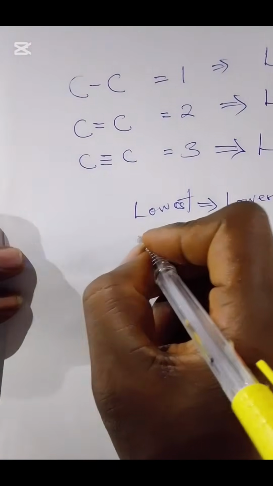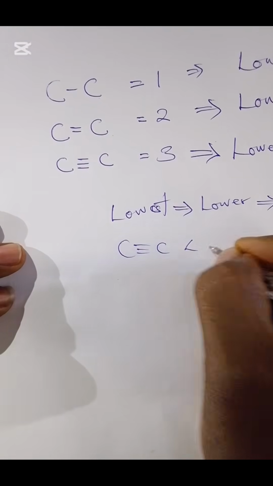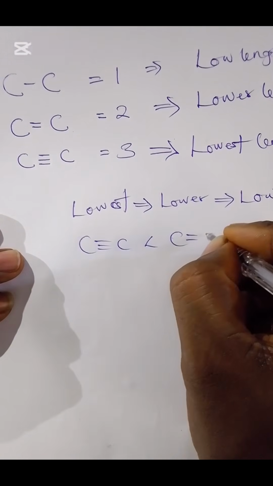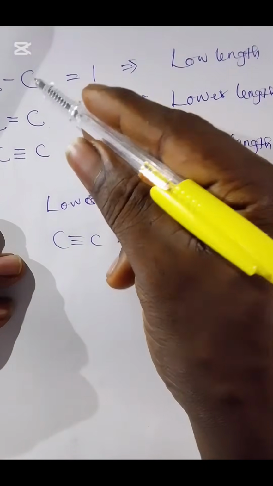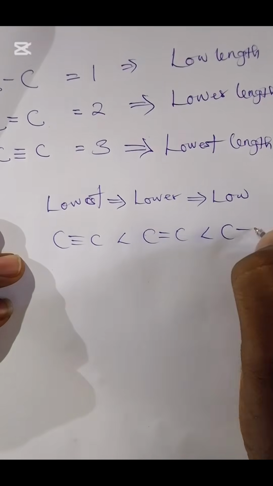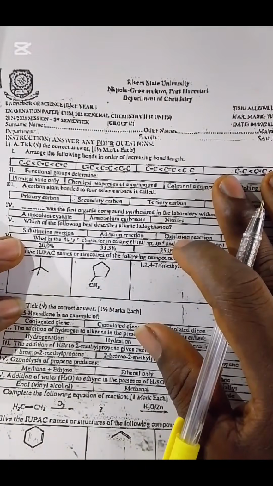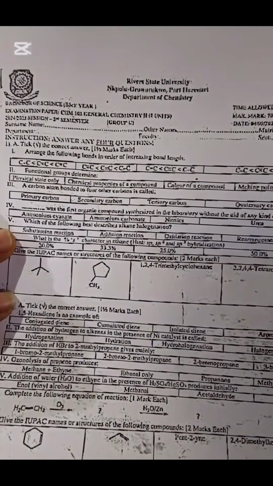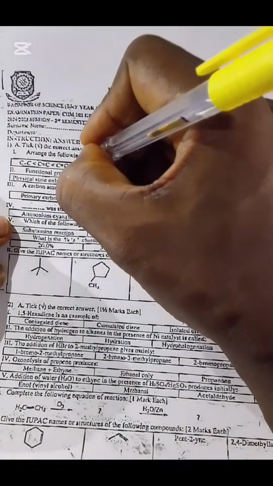That is carbon to carbon triple bond, carbon to carbon double bond, and carbon to carbon single bond. So the correct answer in this list is carbon to carbon triple bond, carbon to carbon double bond, and carbon to carbon single bond, which is option B.